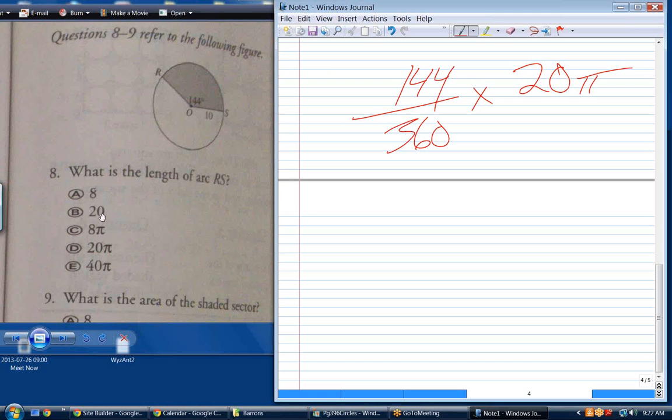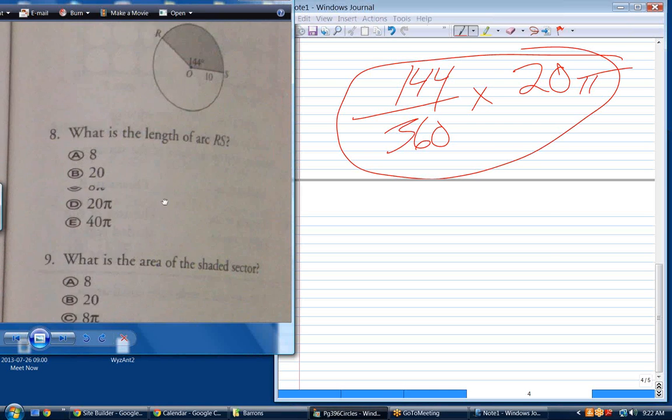And 20 is relatively close to the same number as 8 pi. Although these are integer numbers and we know that pi has to be in the answer, we actually could pick 8 pi here without doing this math. Because we know it's slightly less than half, and we know it has to be in terms of either pi or a decimal. Even if they put the equivalent, it's going to be a decimal number.